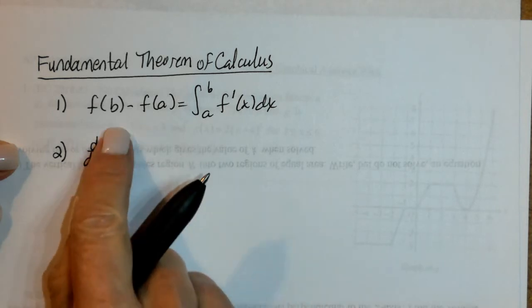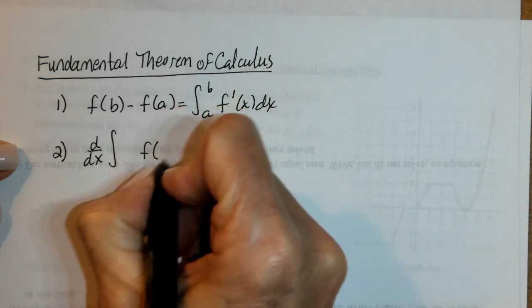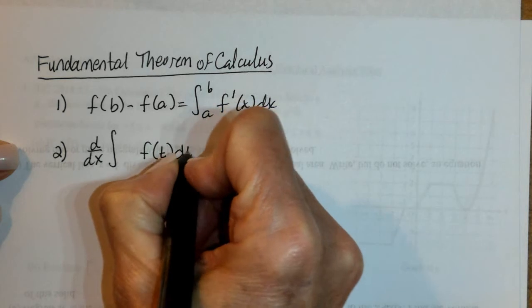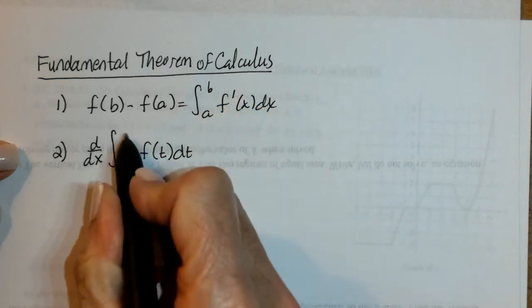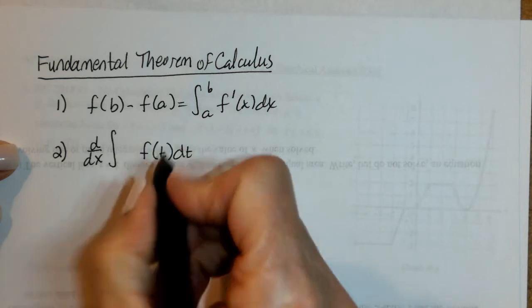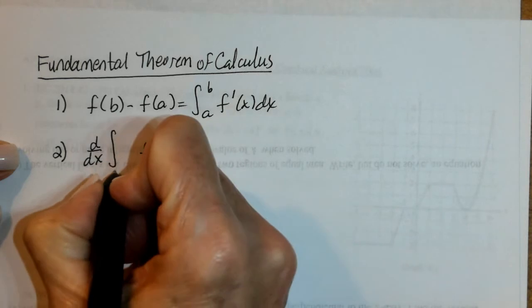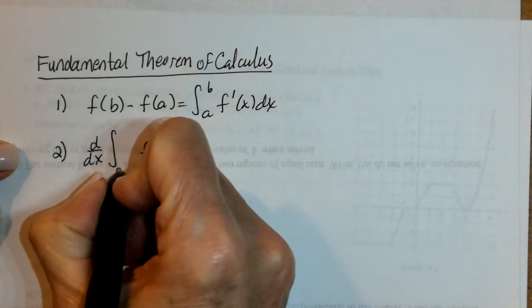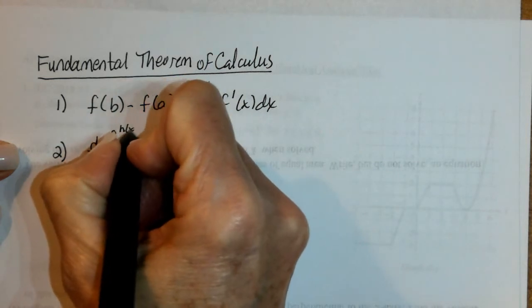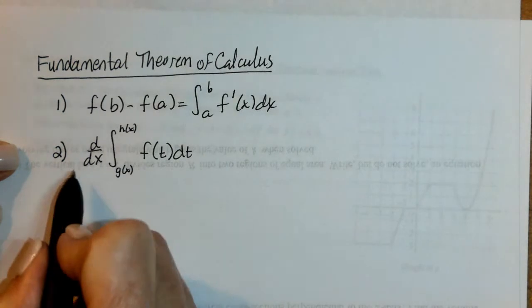So since this is going to be a function of x, I'm going to write my function over here, my integrand, as a function of t, because I don't want to have x's on the boundaries and x's in my integrand. So I'm going to write this in the most broad sense first. Let's say that this is g of x, some function of x, and this is h of x, another function of x.